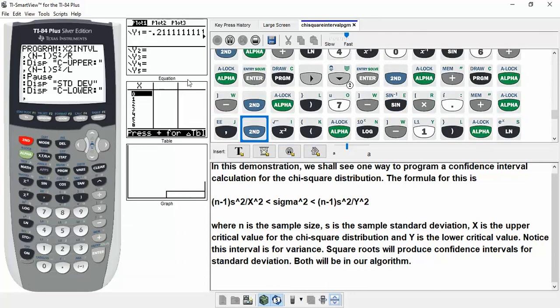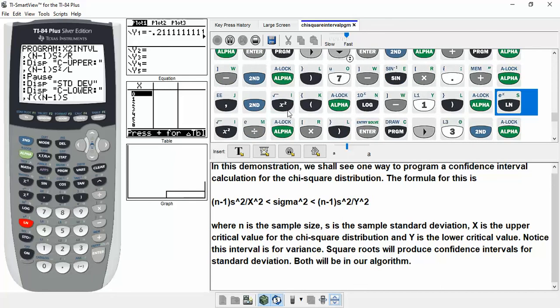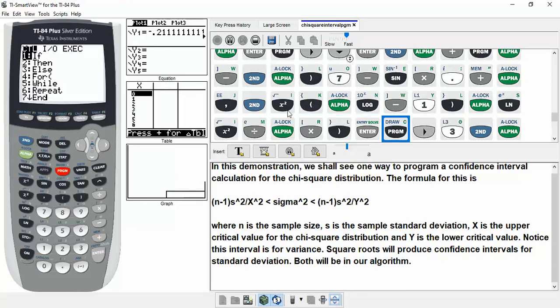We're going to do the square root of that now. So we do square root, and then we say n minus 1 in parentheses. And then we're going to multiply that by s squared. And we're going to divide that by r again. And then we're going to close that square root.